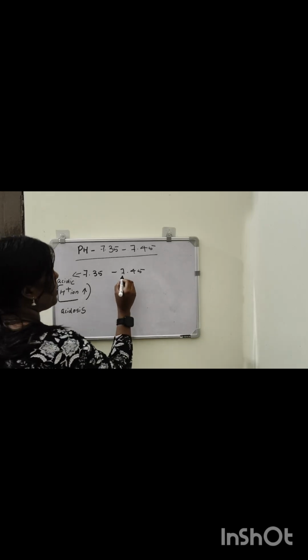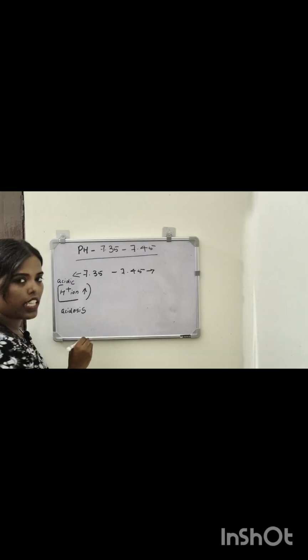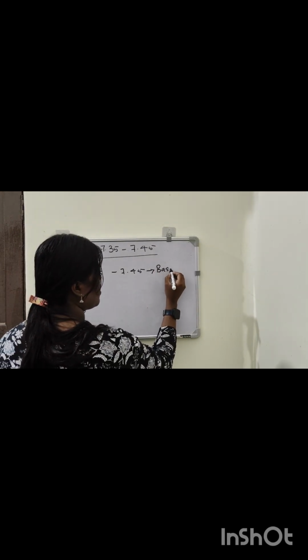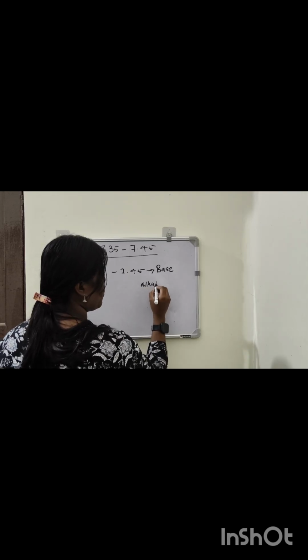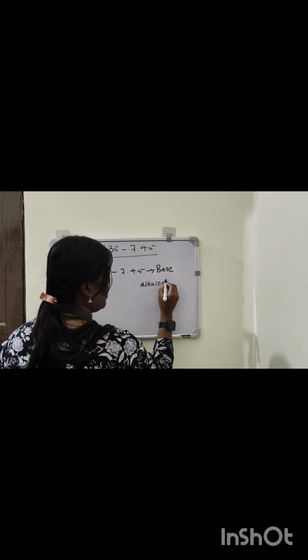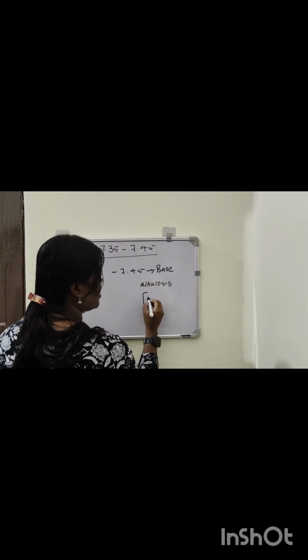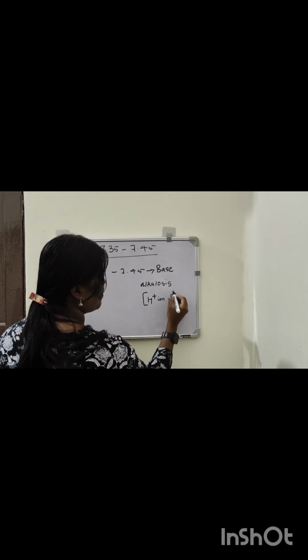If the pH level is more than 7.45, that means base is increased. The condition is known as alkalosis. Why? It is not acidic. In this condition, the hydrogen ion concentration is less.